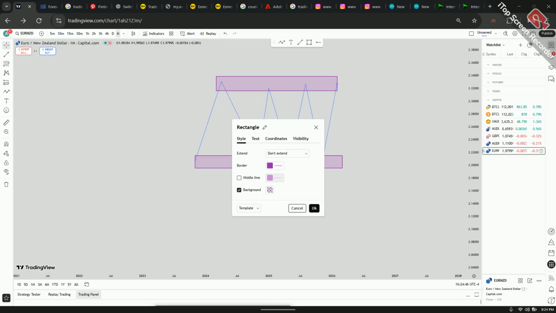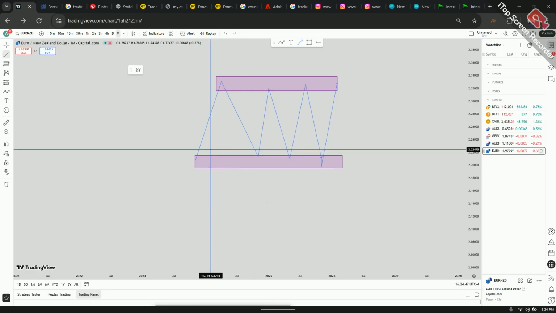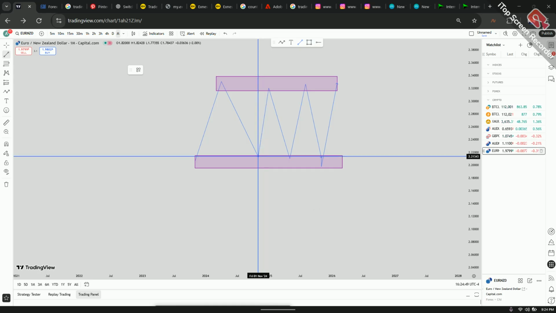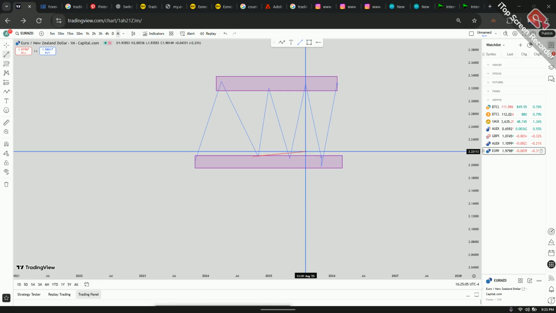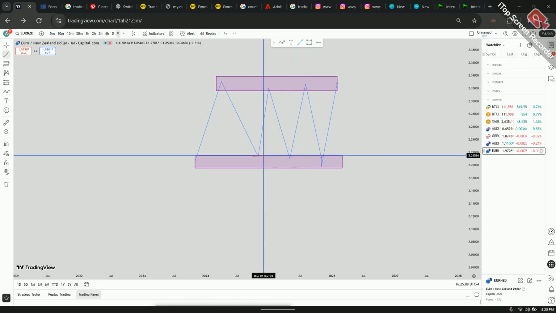Now, the reason why this will happen is simple, right? They know that you have marked these two zones as your support zone, right? Let's say you want price to respect this exact price level here.